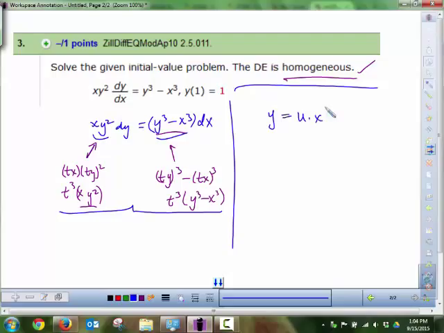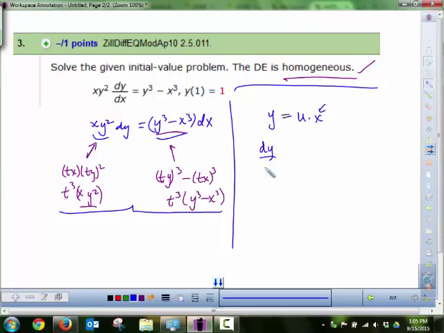And then let's deal with differentials. I'm tempted to deal with this as dy dx, because dy dx is sitting here by itself. Let's try that. So this is x, an independent variable. This is u as a function of x, and this is y as a function of x.